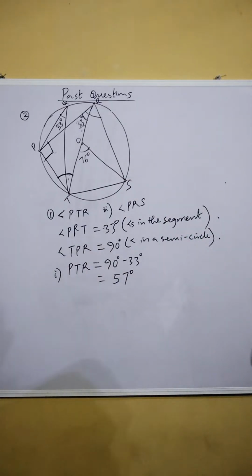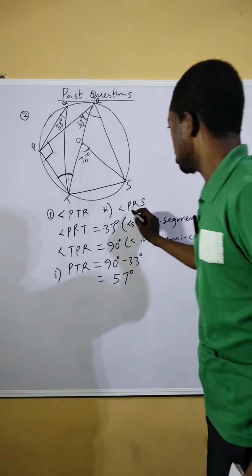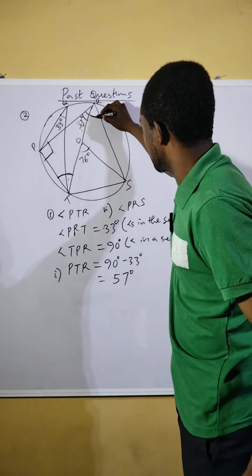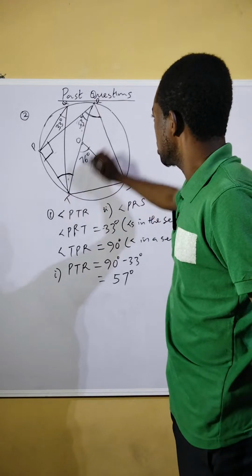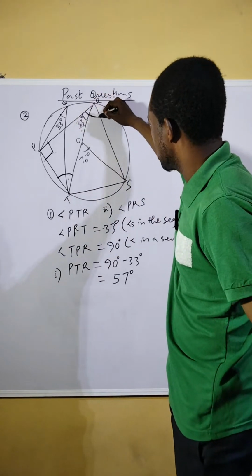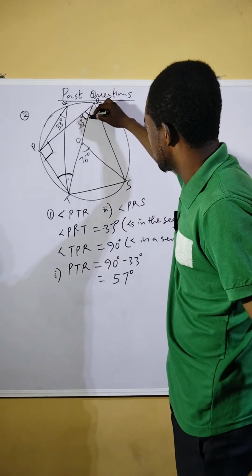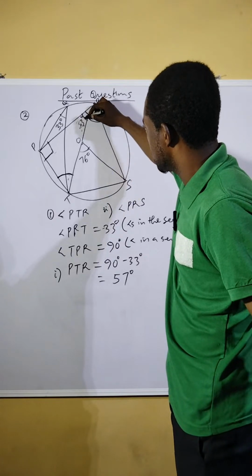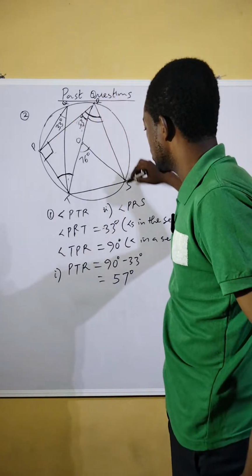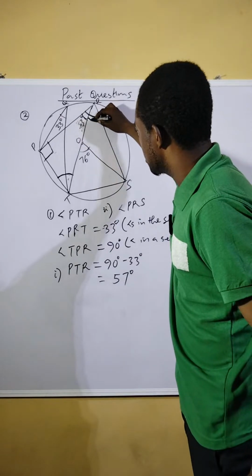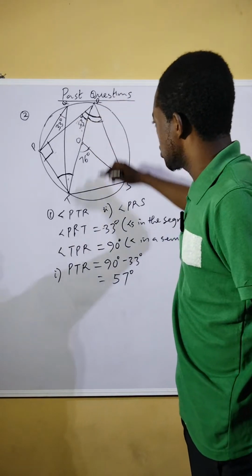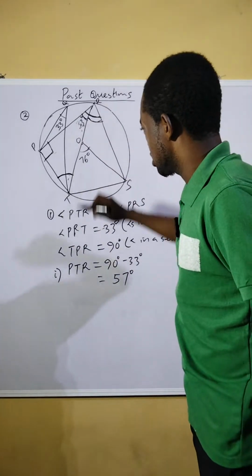Okay. Now let's find the second angle, which is angle PRS, or this angle here. Now we know part of it. We just need to find the other one. So that when we add it together, it will give us PRS. And how do we get this? This is angle at the circumference, and this is angle at the center.